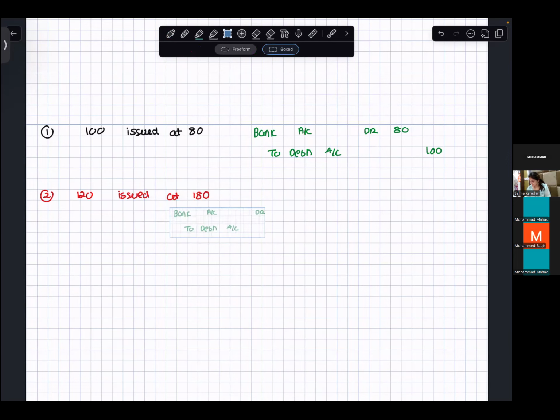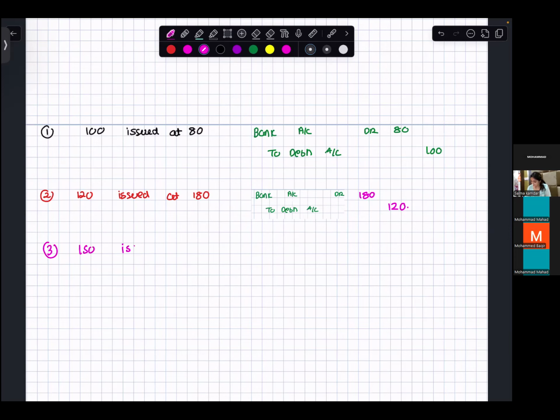Bank account debited 180, debentures 120. So the remaining amount will be credited. Okay. Debentures of 150 issued at 100.